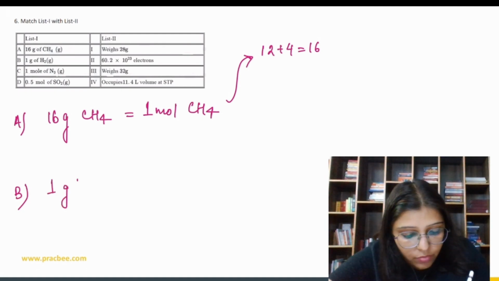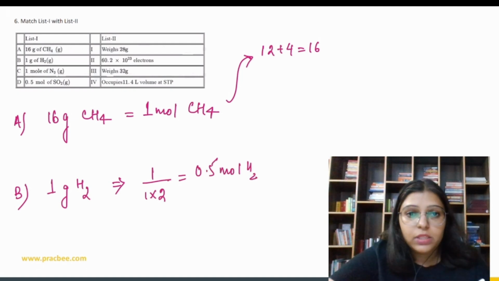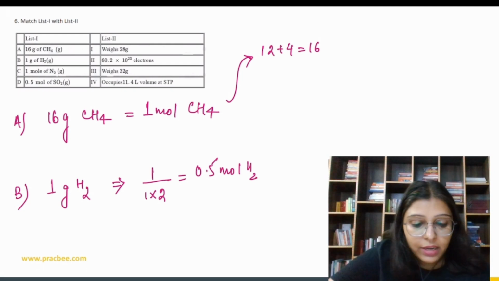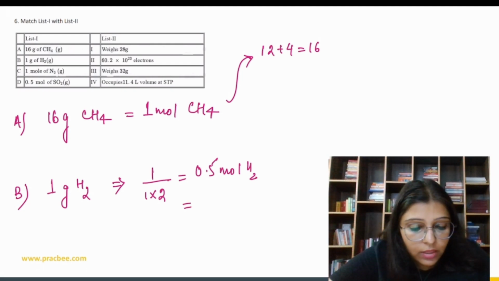Next is 1 gram of hydrogen. 1 gram of hydrogen means it is equal to 1 by 1 into 2, or we can say 0.5 mole of hydrogen, given mass upon molar mass. And if we have 0.5 mole of hydrogen, then the volume of hydrogen gas at STP is equal to 11.2 liter at STP.